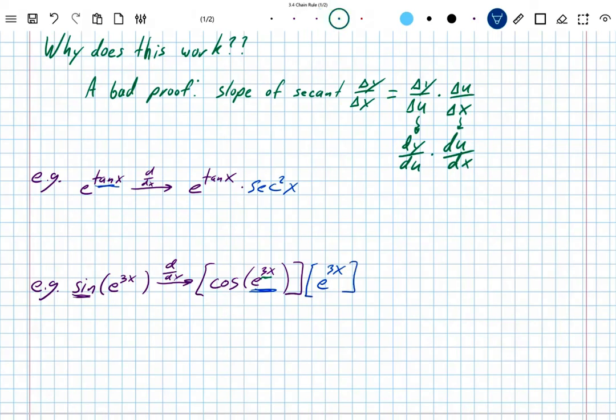And then I need to multiply this all by that derivative of 3x. I think I know how to do that. The derivative of 3x is just 3. That's it. I mean, clean it up if you want. If you want to rewrite this as 3 e to the 3x times cosine of e to the 3x, it looks a little nicer, but not that much nicer.